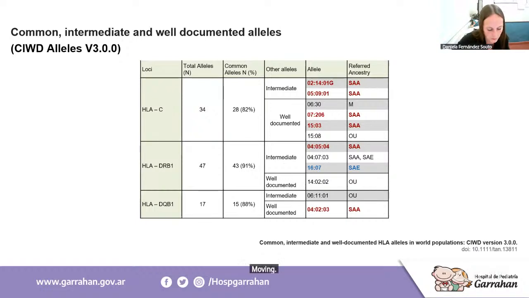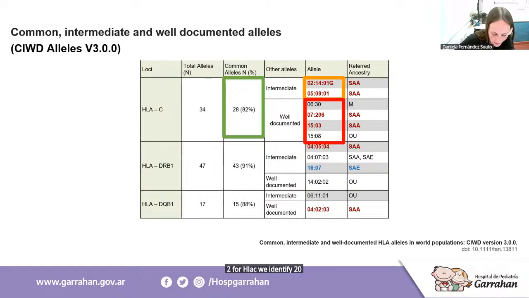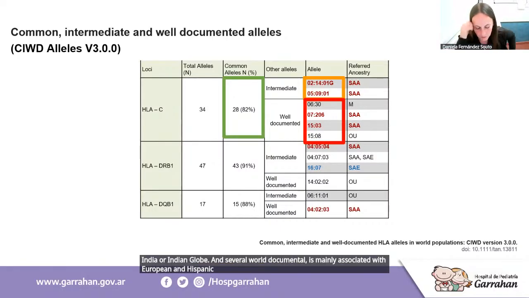Moving to HLA-C and class 2. For HLA-C, we identified 28 common alleles, 2 intermediate, both in the Amerindian group, and several well-documented alleles, mainly associated with European and Hispanic populations.